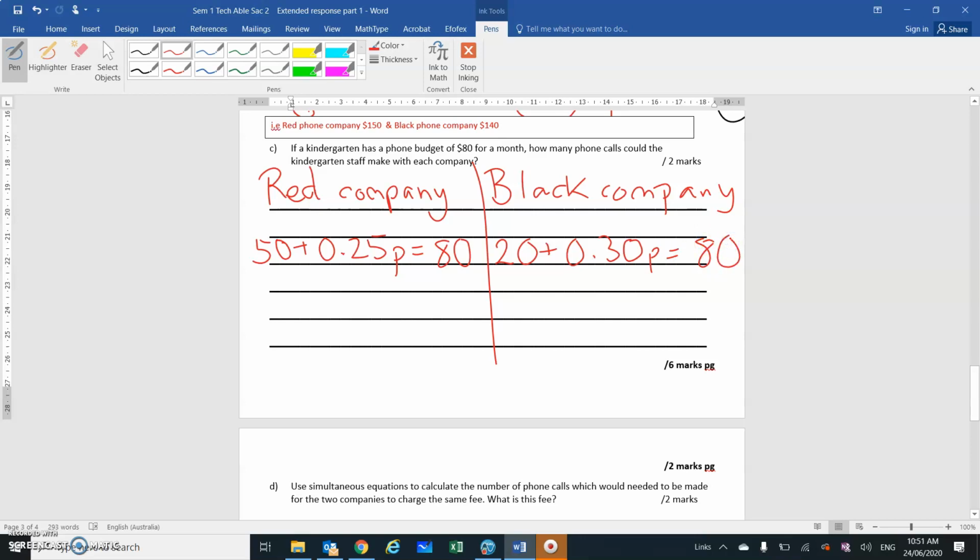You can solve it by hand. For example, for the red company you'd minus 50, then divide by 0.25. Or you can just use solve on your calculator. So I'll just do it.